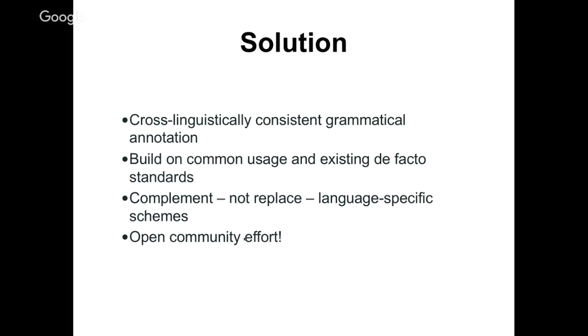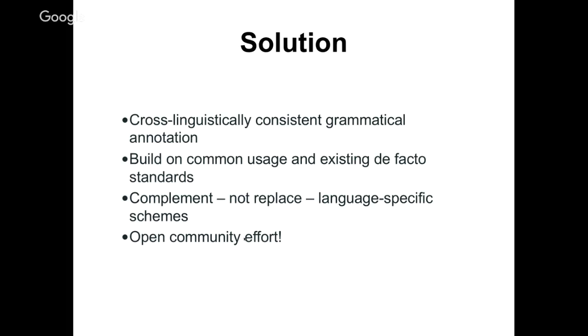And the language-specific schemas, so those annotation styles that are used for one specific language, are not completely left out, they are not replaced, but they are complemented in universal dependencies.